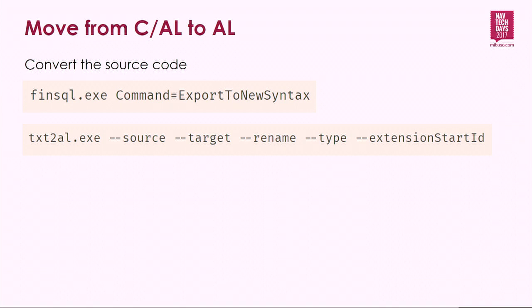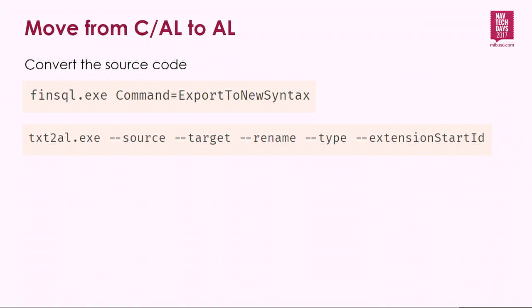And then the next step is you run the TXT to AL conversion tool. And that tool will take all your base objects, so pages, tables, codeunits, but it will also handle delta files and actually generate page extension and table extension objects. So you can start with customized base, and it will generate, to the degree possible, page extensions and table extensions from it, and get you as close to an extension as possible.